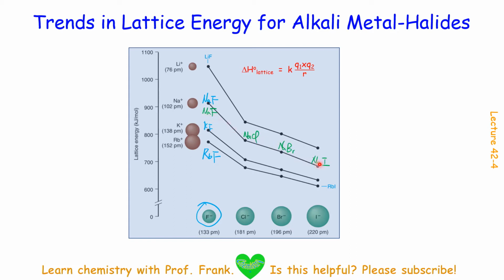All of those 4 compounds contain the same cation, which is the sodium cation. Therefore, the distance between the ions, the R value, is determined only by the size of the anions.